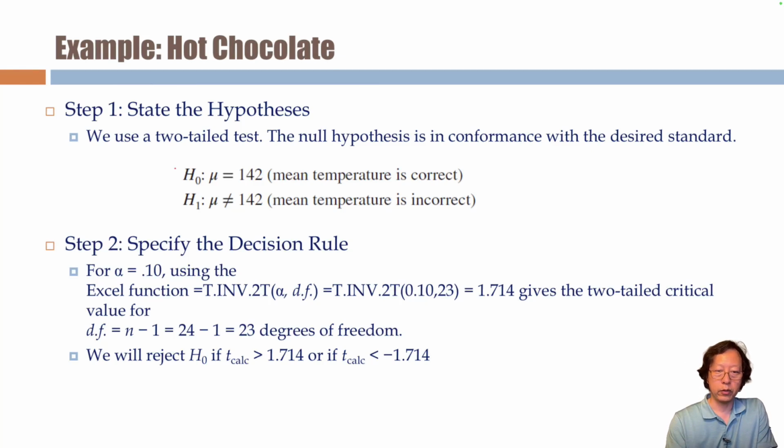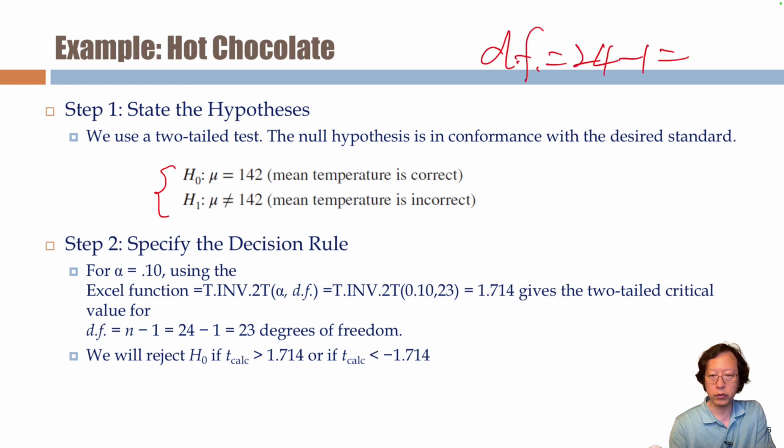As I told you, this is our hypothesis. This is a two-tail test, and since this is a t, not a z value, you can look up the t value using the Excel function. The degree of freedom is 24 minus 1, which is 23.